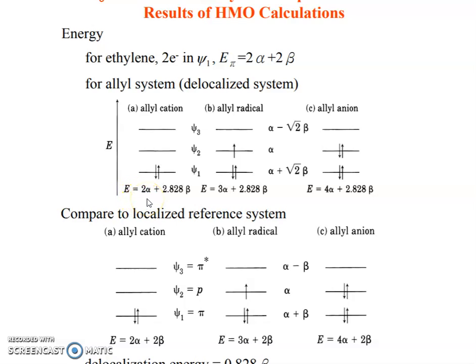So E is equal to alpha plus 2.828 beta. Here you can see allyl radicals, this for allyl cation. Allyl radicals have 3 electrons, 3 alpha plus 2.828 beta. In allyl anion, you have 4 electrons. So E is equal to 4 alpha plus 2.828 beta. And this is the arrangement.